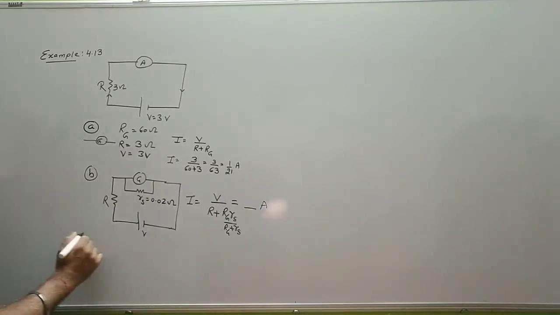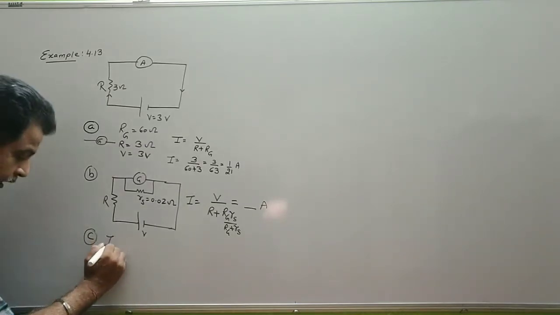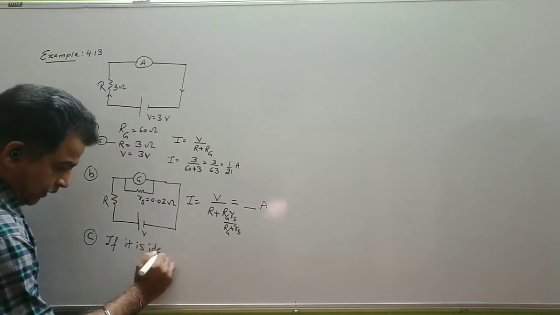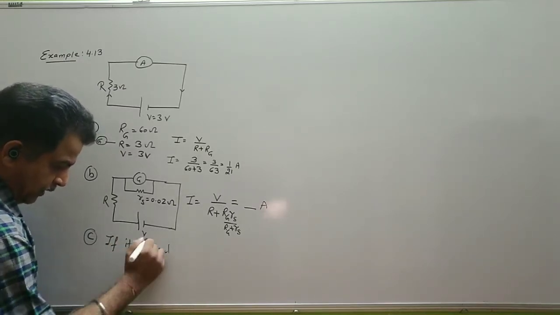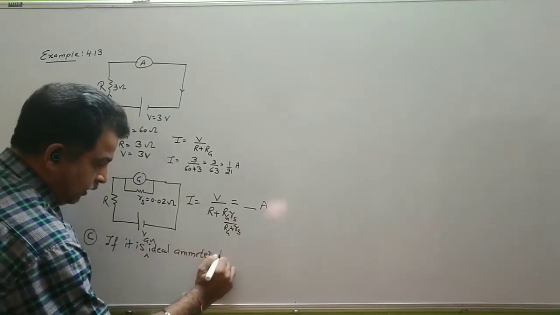And in the third case, it is given that we assume it as an ideal ammeter with zero resistance. So if it is an ideal ammeter, then what will happen?